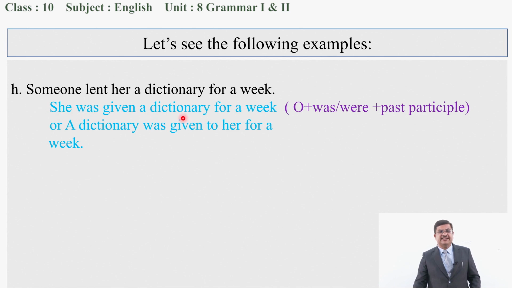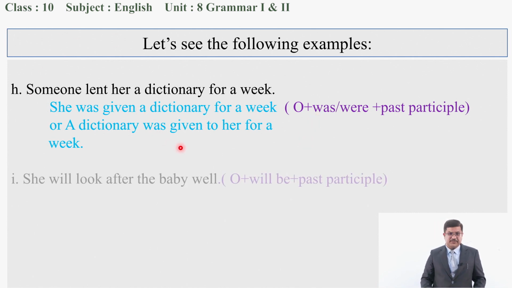That's why she was given a dictionary for a week. So what is the structure? Object with was, were with past participle. And why don't we use by plus someone? Someone is an optional subject of an active sentence. That's why we do not use by with someone. We may use it, but this is optional.